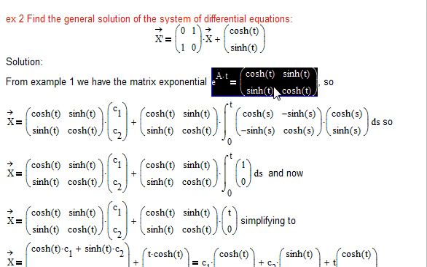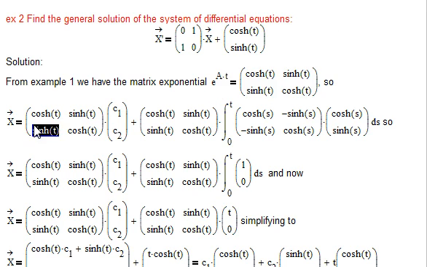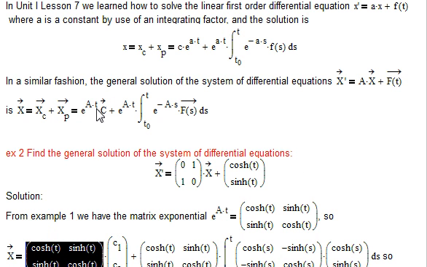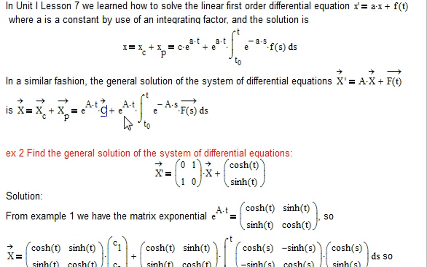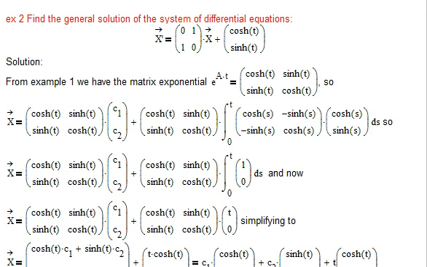So we've got our matrix exponential, and so x equals, remember the solution, matrix exponential times vector of constants plus matrix exponential times the integral of e to the negative of that matrix exponential times our f of s.